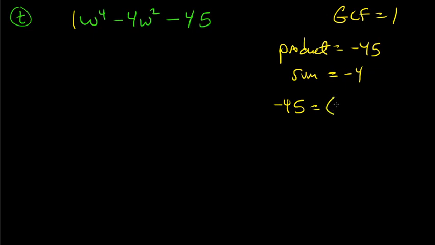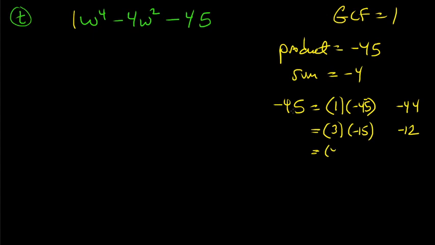So let's try 1 times negative 45. That adds to negative 44, which is not negative 4. We know we can't divide by 2. Can we divide by 3? Yep. 3 minus 15 is negative 12. Still no match. We can divide by 4? Nope.